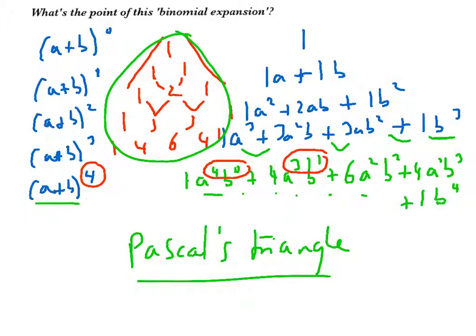This is the method you're going to use if you don't remember what you're going to learn in a bit, which is the actual binomial expansion formula, okay? With Pascal's triangle, you could pretty much solve anything.